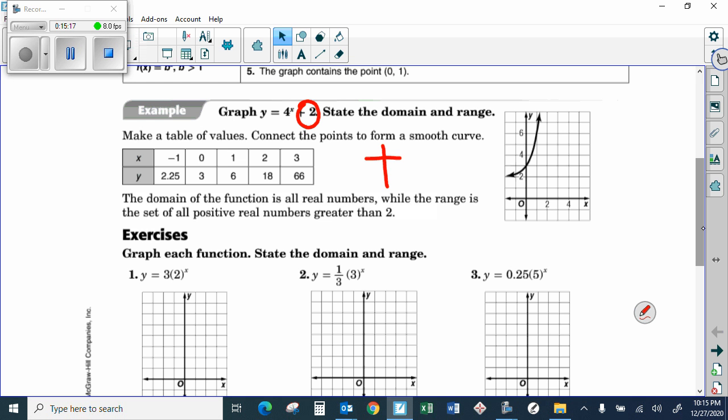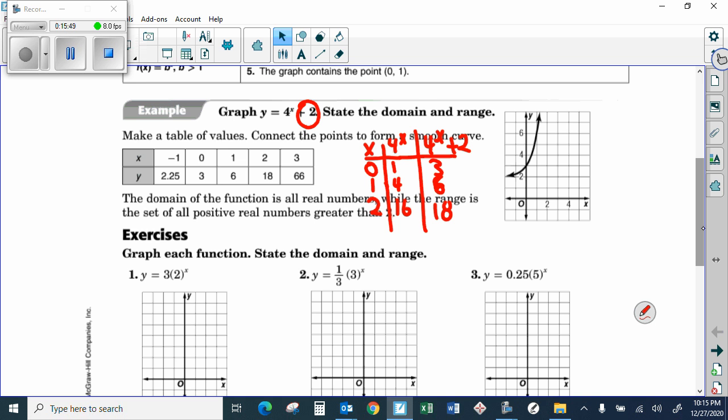So if I did 4 to the x, for x equals 0, that'd be 1. If I did 1, that'd be 4. If I did 2, that would be 16. Well, now I'm doing 4 to the x plus 2. All I'm doing is adding 2 to the y coordinate. So now it becomes (0, 3), (1, 6), and (2, 18). I just shifted everything up 2 units.